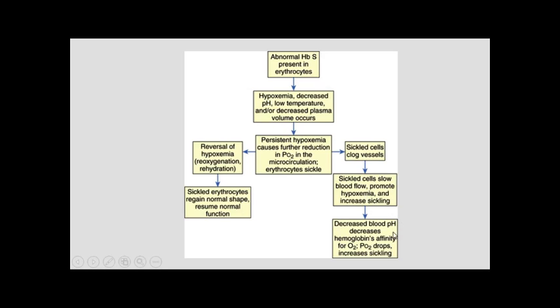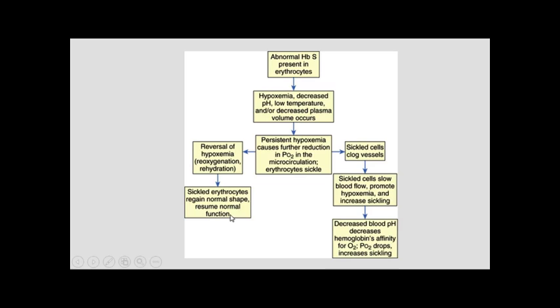Okay? This decreased blood pH decreases hemoglobin affinity for oxygen. Oxygen pressure drops, which increases the sickling even more. In the case of a reversal of the hypoxemia, so we rehydrate the patient, we give oxygen to the patient, and we increase the pressure of oxygen in the circulation, the sickle erythrocytes regain normal shape and resume normal function.